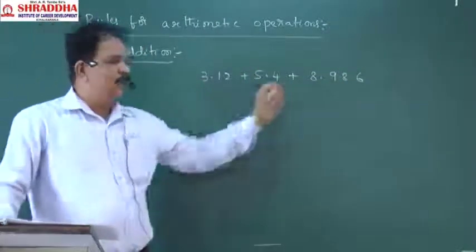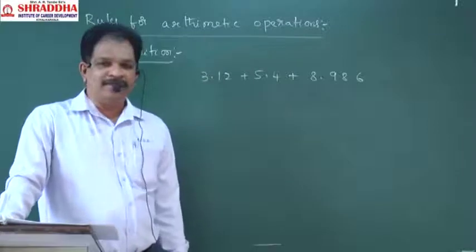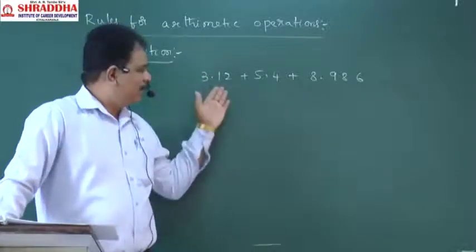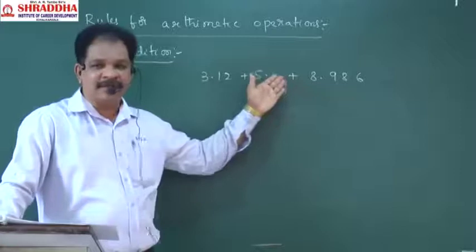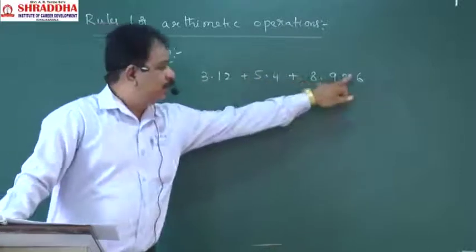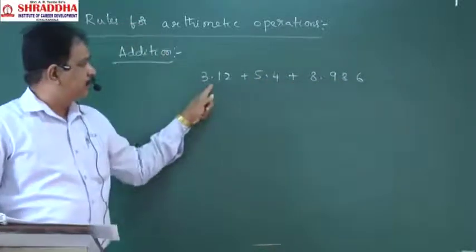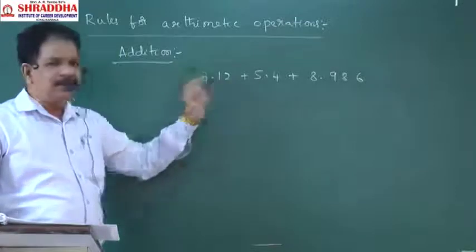What is this value? Like that they will ask. It is just like a 5th class, 6th class level question. This is a standard question. This will be like this.